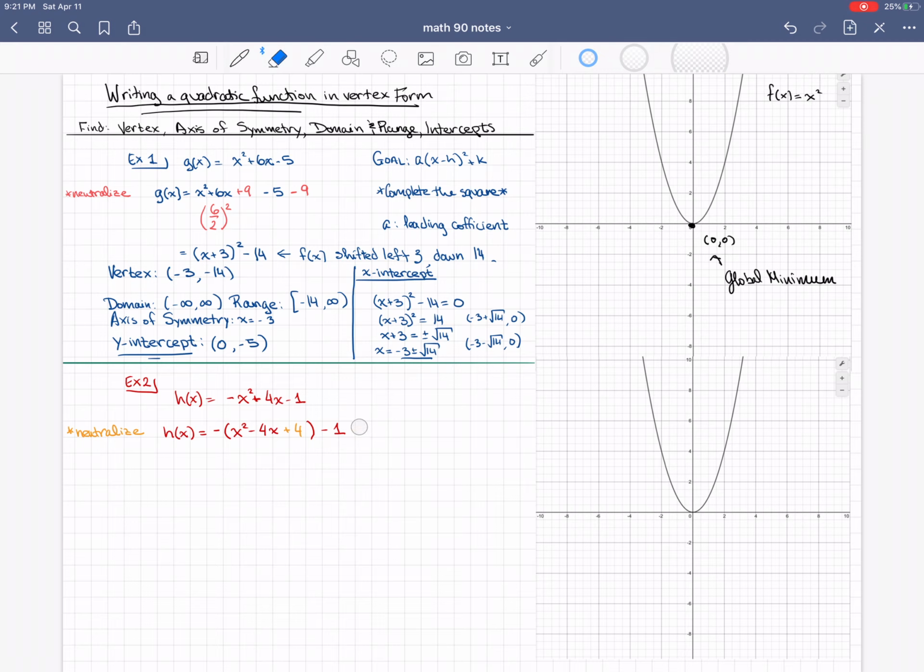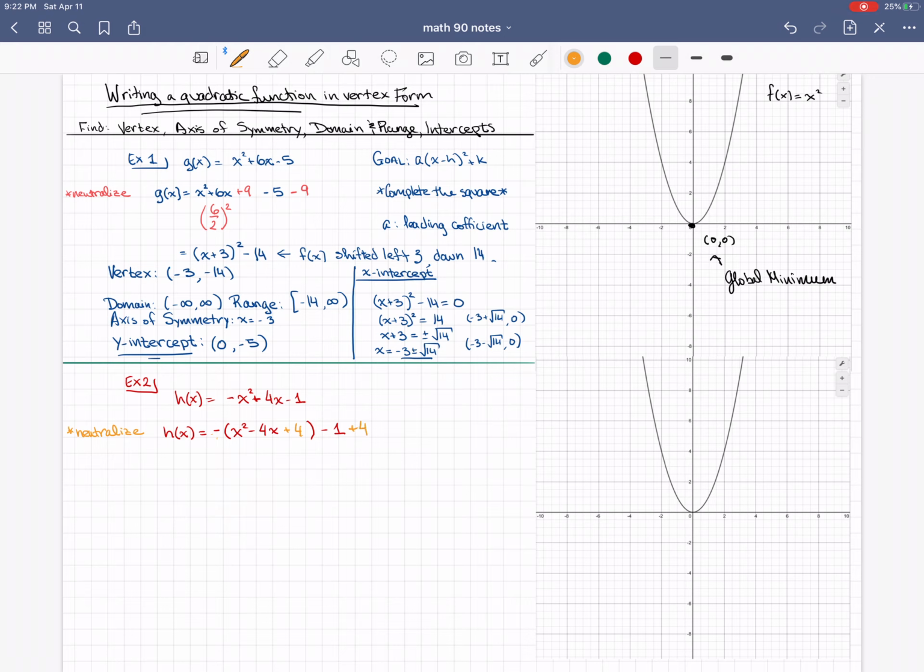Well, be careful. Because yes, you added 4 inside of these parentheses, but the parentheses have a minus in front of them. So if you combine what you did there with the minus, you didn't actually add 4, you subtracted 4, because this minus applies to the +4 too. So to neutralize it, you're not going to subtract 4, you're going to add 4.